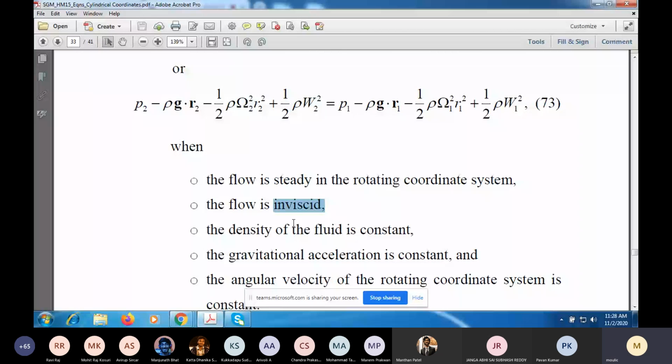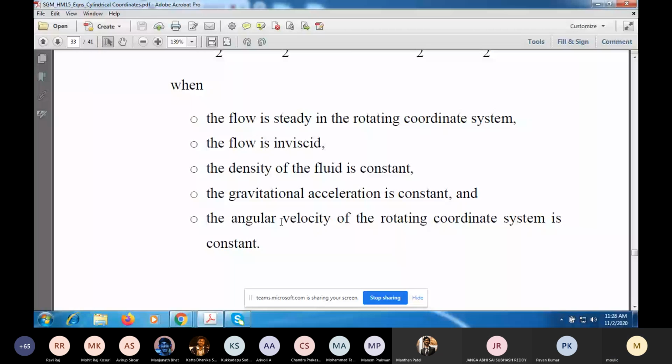And it's a liquid, so we'll say the density is constant. For us, g is constant. And of course, we have taken a case where the angular velocity, omega, is also a constant. So we are not looking at the transient case when the frame might be accelerating. There might be angular acceleration. Okay. But even when the transient dies out, the frame will definitely rotate at a constant angular velocity.